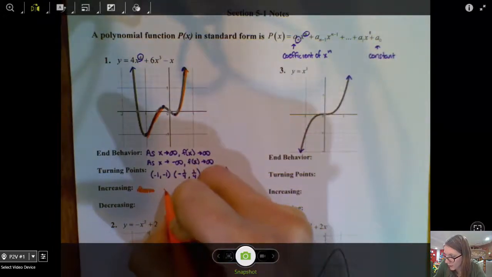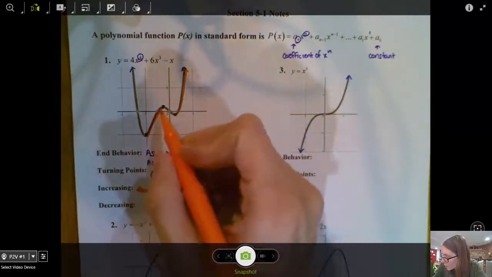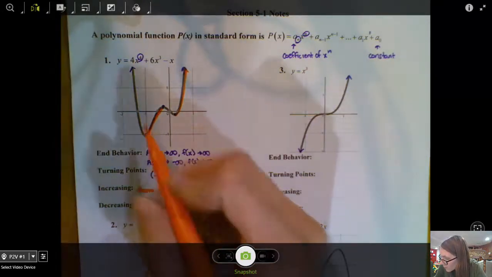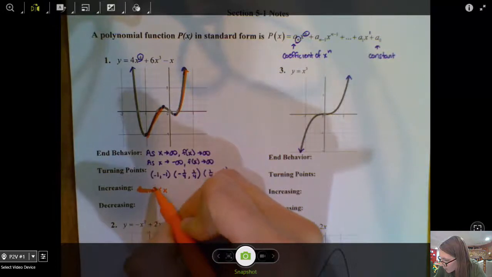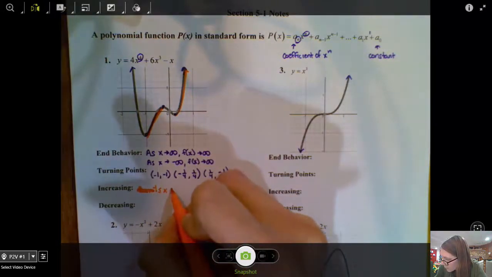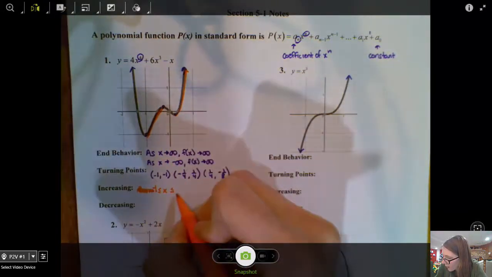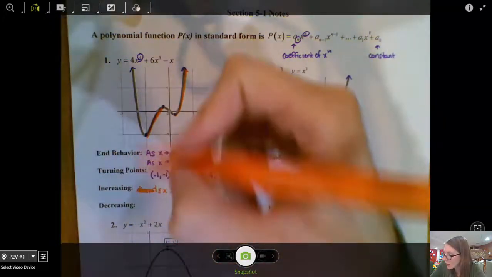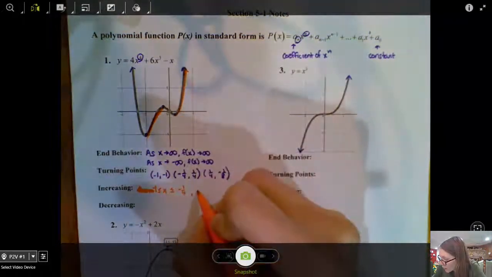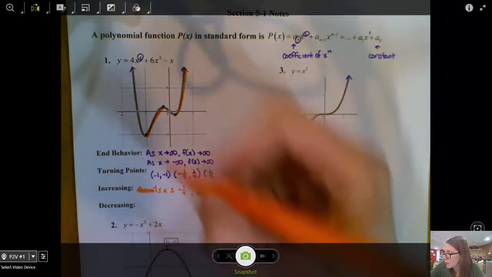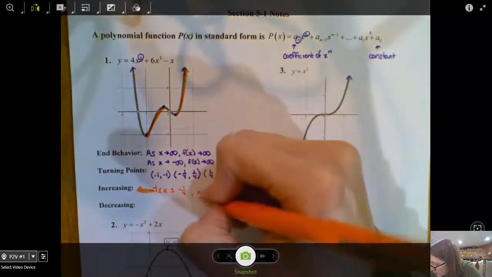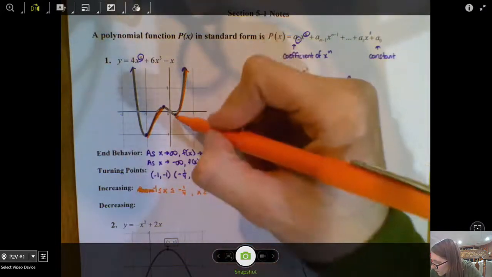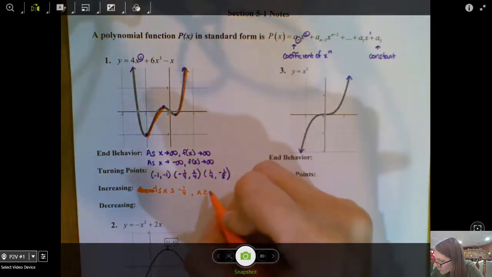when our x values are between -1 and -1/4. And we're increasing again when x is greater than or equal to 1/4.